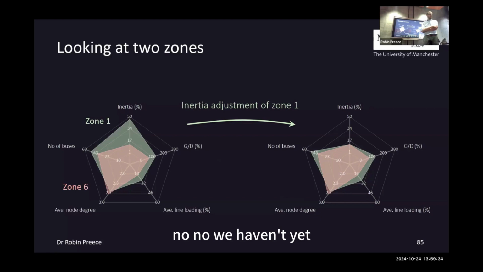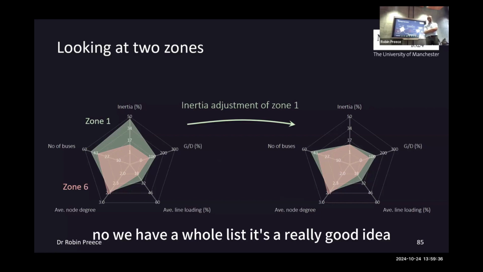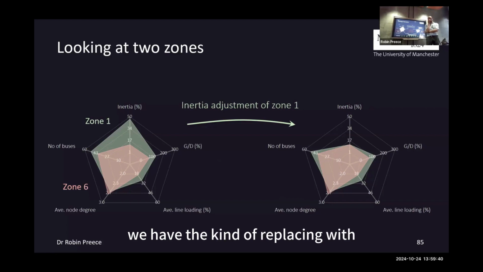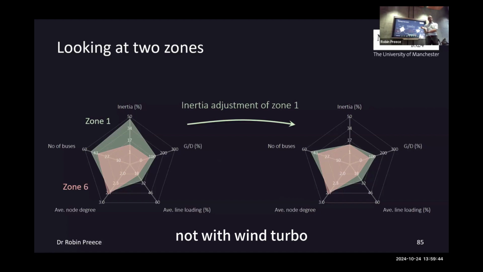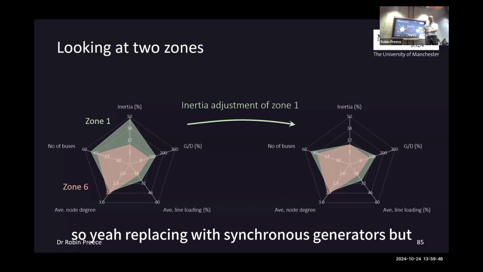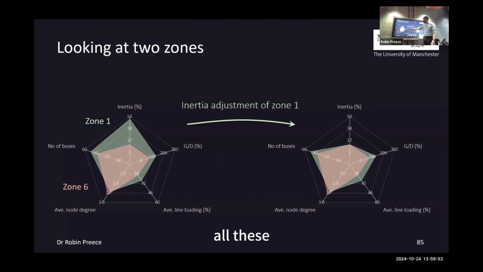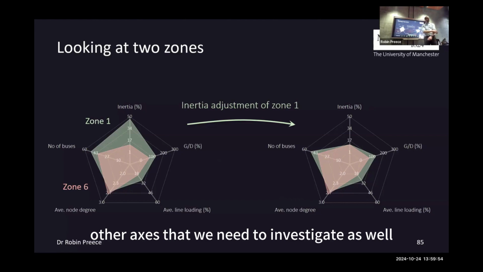No, we haven't yet. We have a whole list. It's a really good idea. We have that on the list of things to do. We also have replacing with not wind turbines, but synchronous generators, locating those in the same place. Unfortunately, we've got all these other axes that we need to investigate as well.